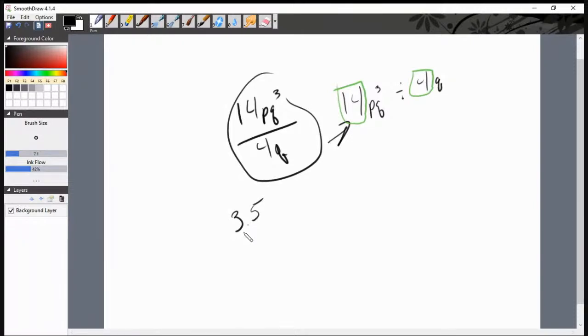So 3.5 as a fraction would be, I don't know why they do it this way. Give me a second. Oh, wait a minute.